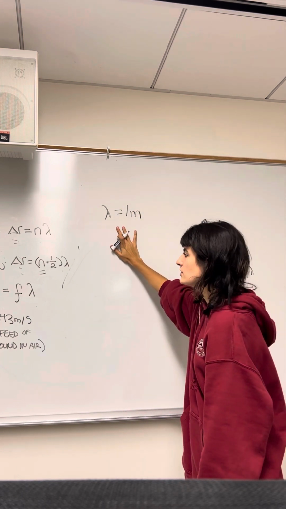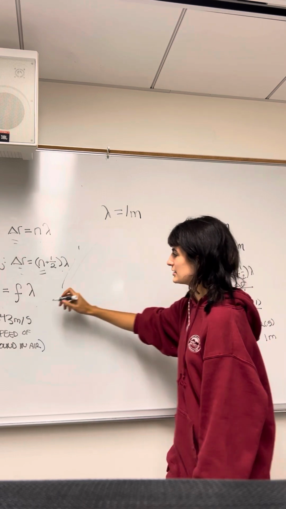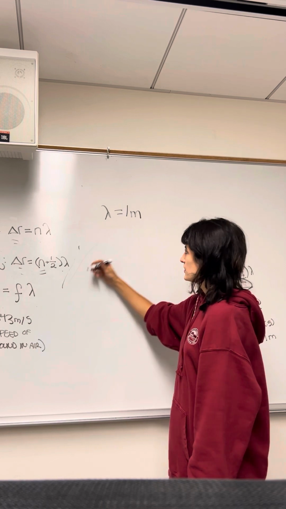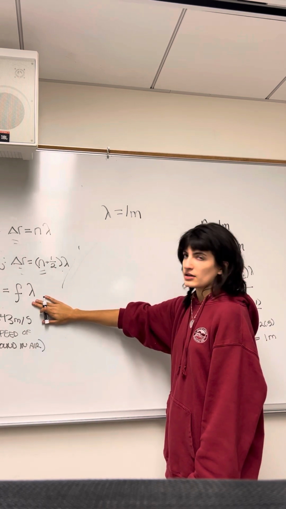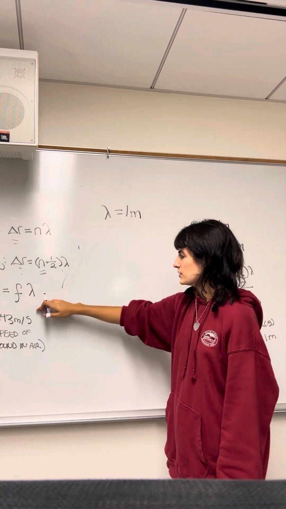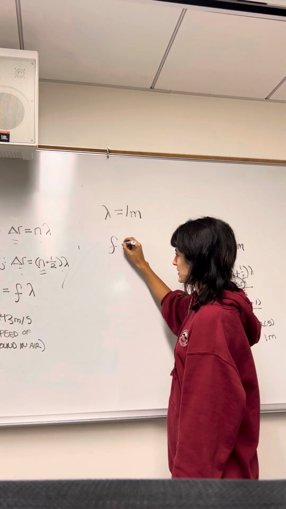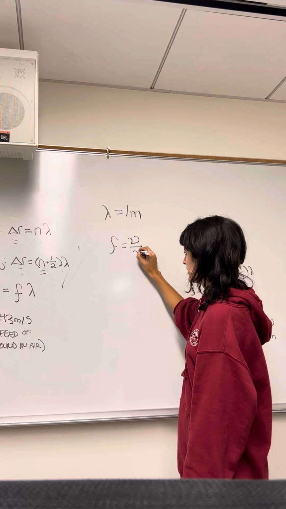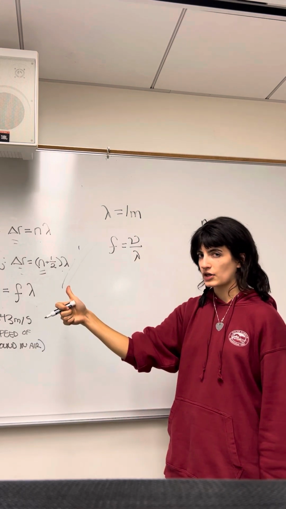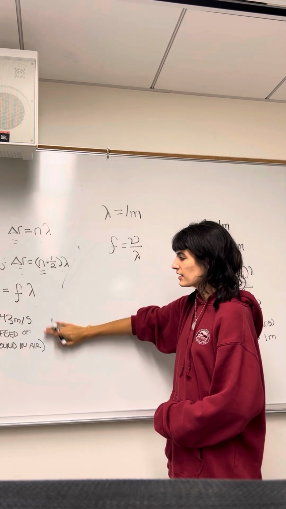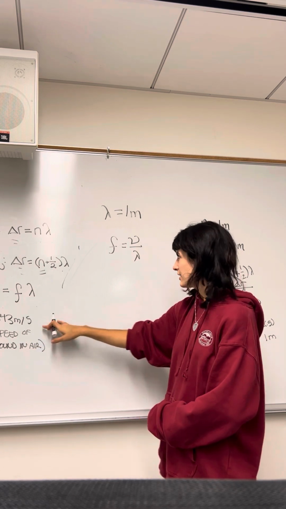Now, how can I use this to solve for frequency? Because frequency is what we ultimately want. We can use this equation here. So we can rewrite v equals f lambda to solve for frequency, so that frequency is equal to wave speed over lambda. Good. And like I said here, our wave speed, the speed of sound in air, is equal to 343 meters per second.